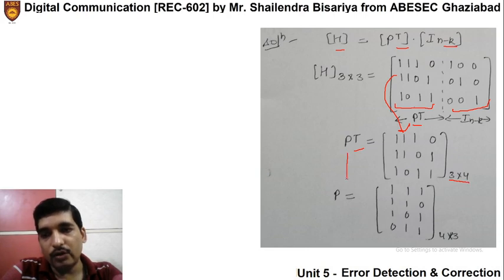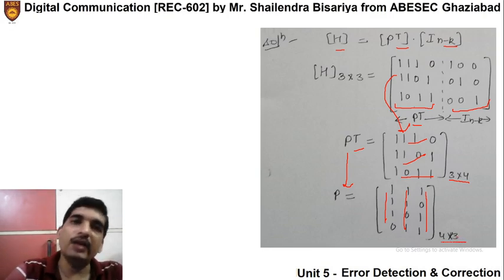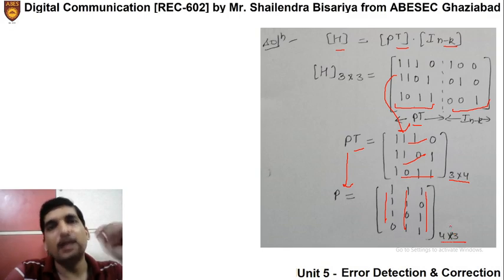Now the transpose of this matrix P we can write simply: 1110 will be written here, then 1101 will be written here, and 1011 will be written here, of size 4 cross 3. So this is simply the parity matrix we have obtained from the parity transpose.